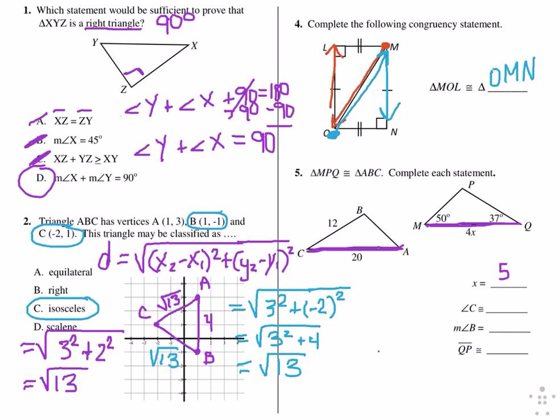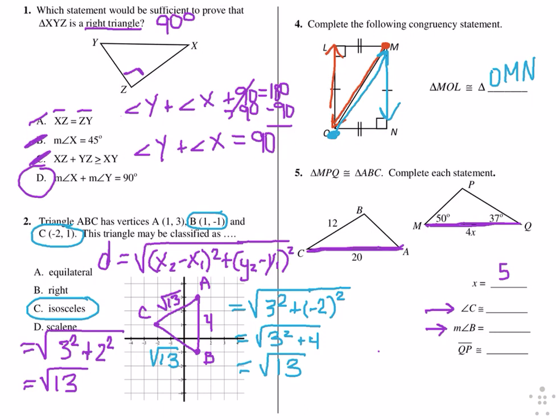Now, angle C, so I want you to notice the difference in the next two right here. Right here it says angle C is congruent to blank. And then notice here how there's that lowercase m and then the angle sign and then the letter B. That means the measure of angle B is equal to.